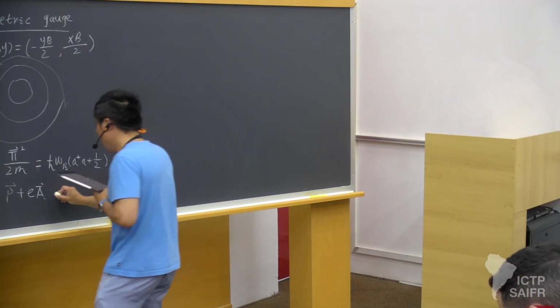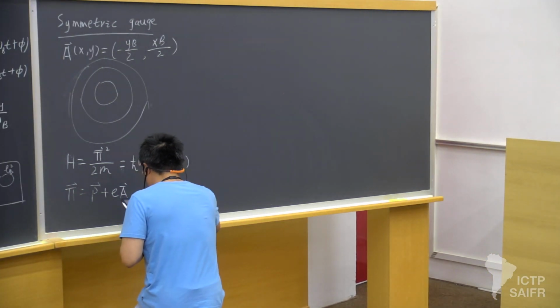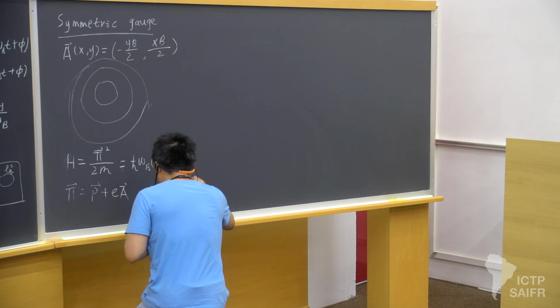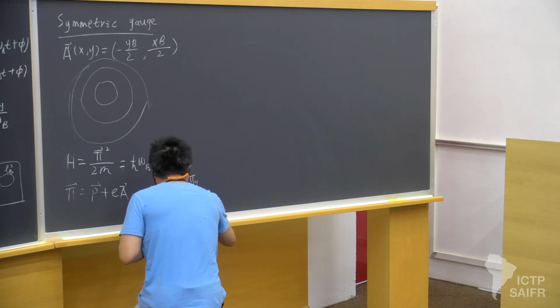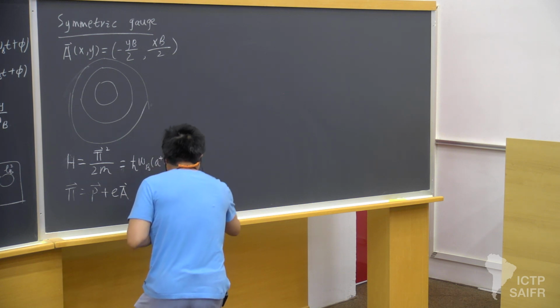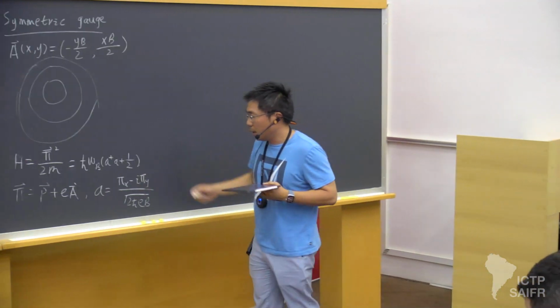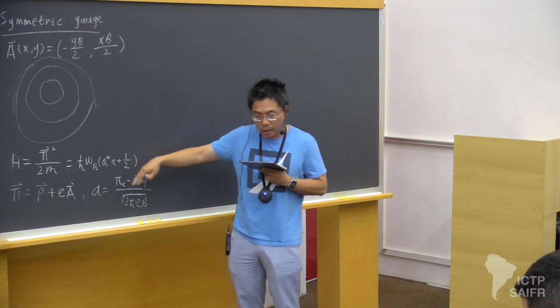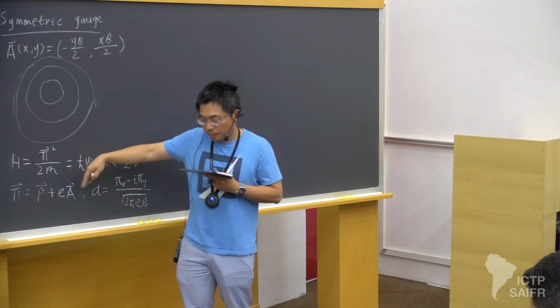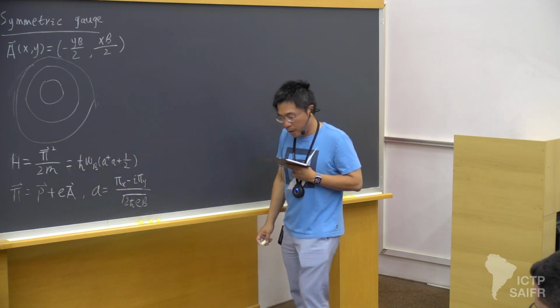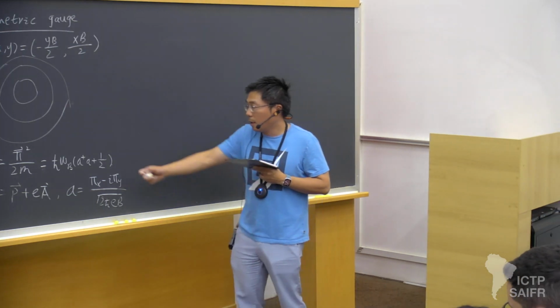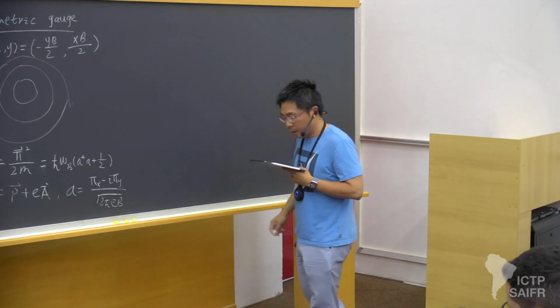And this a is pi x minus i pi y over the square root of 2 h bar eB, right? I define these creation and annihilation operators, and then the energies of the Landau levels are really just the same as the energies of the harmonic oscillators, right?